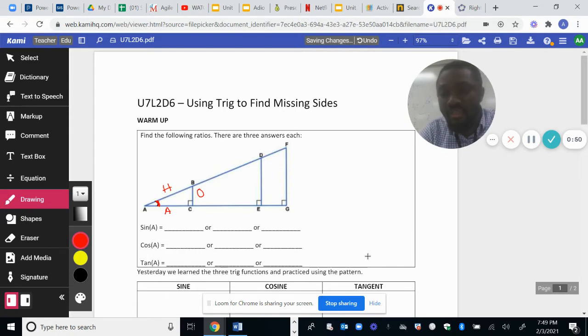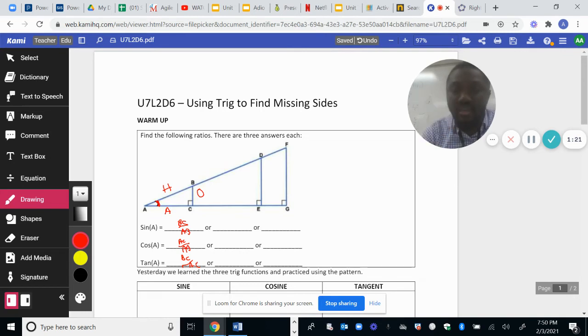So the sine of A is BC over AB. The cosine of A is adjacent AC over AB, the hypotenuse, and the tangent is opposite over adjacent, that is BC over AC.